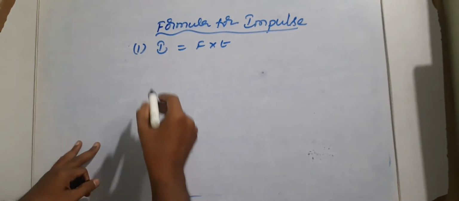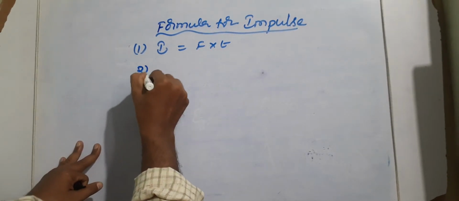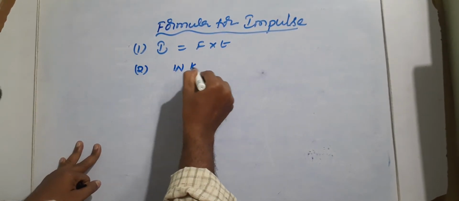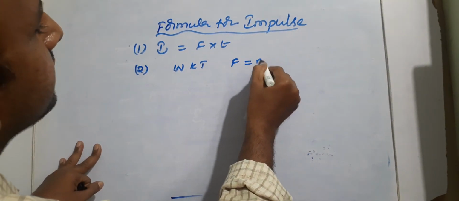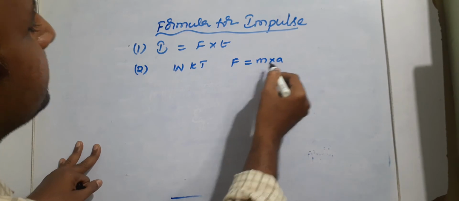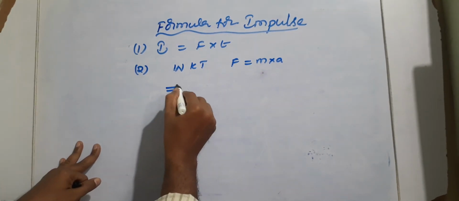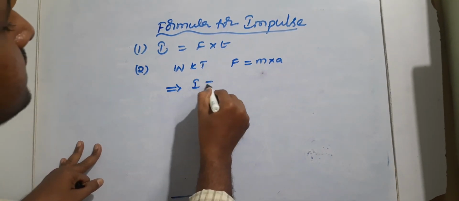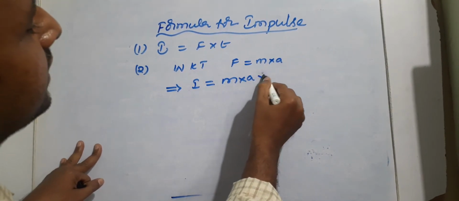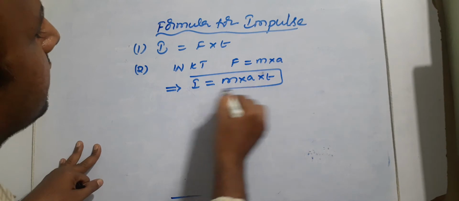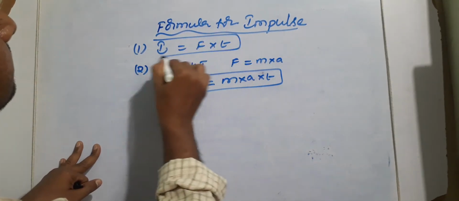That is one. And second, from Newton's second law of motion, F is given as m into a, mass into acceleration. This implies impulse is equal to, in place of F we can write m into a, into t. It is the second formula for impulse.